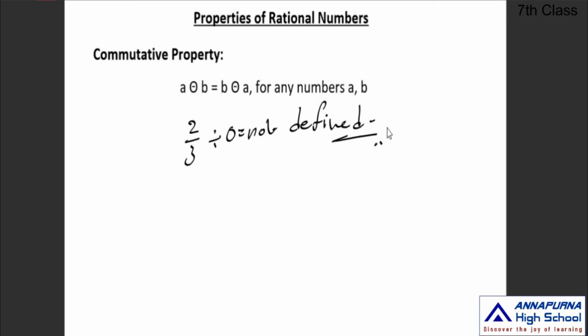So if you take any collection of numbers, this commutative property is satisfied only with respect to addition and multiplication.